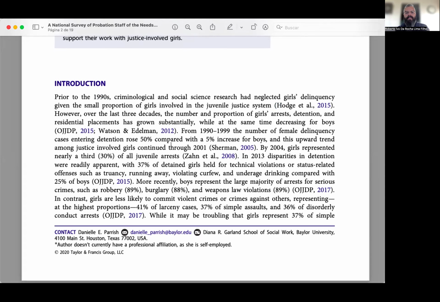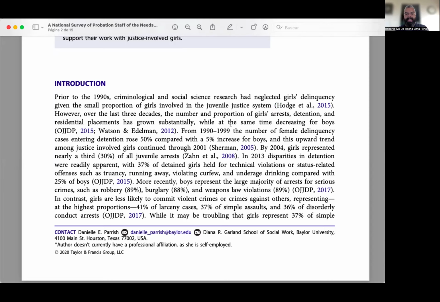If you have more authors who had the same findings or converged towards the same conclusion, you can match them up and say this article from 2015 and this article from Watson and Elderman from 2012 have the same information, with regards to residential placements, how it has grown and at the same time decreased.